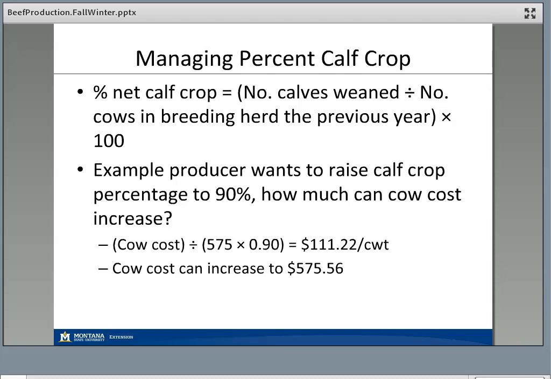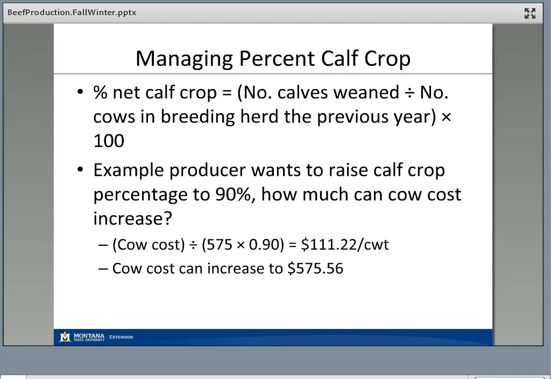So what kind of management things affect net calf crop? This is some data from Fort Keogh that did a 14-year summary of their calf losses. We have percent reduction in net calf crop. The largest percentage comes from cows that were open at the end of breeding.